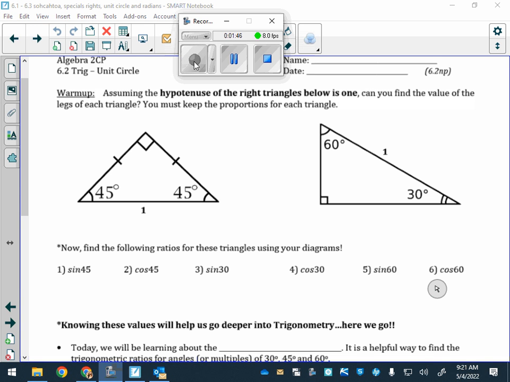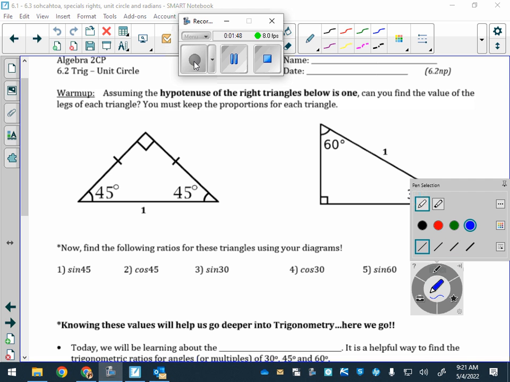With 45-45-90, both side lengths are x, and your hypotenuse is equal to x root 2. So you set up an equation to solve for x: 1 equals x root 2. How do we get x by itself? Divide by root 2, so we have 1 over root 2.